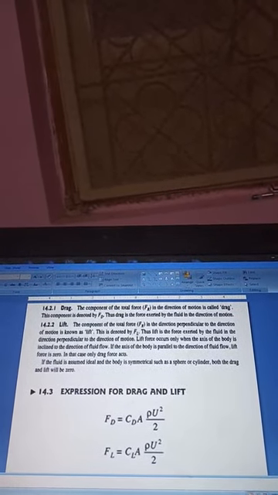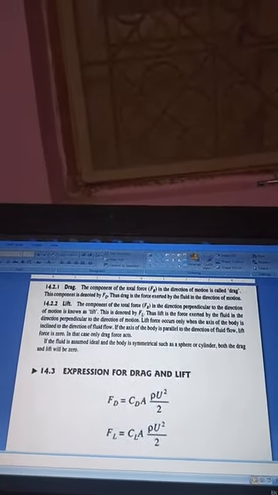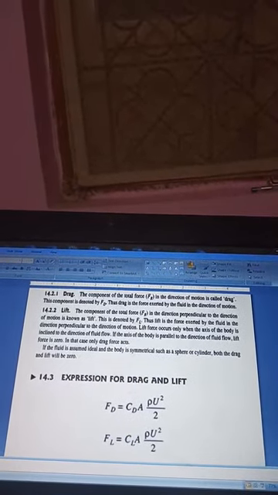As I have already told you, there are rigorous calculations in calculating this drag force, but combining all this we have taken a constant in that equation, called Cd. For the time being, you only remember the equation Fd is equal to Cd into capital A rho u square by 2, and Fl is equal to Cl into capital A rho u square by 2.